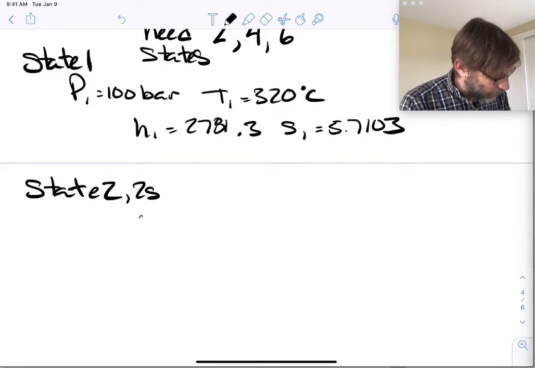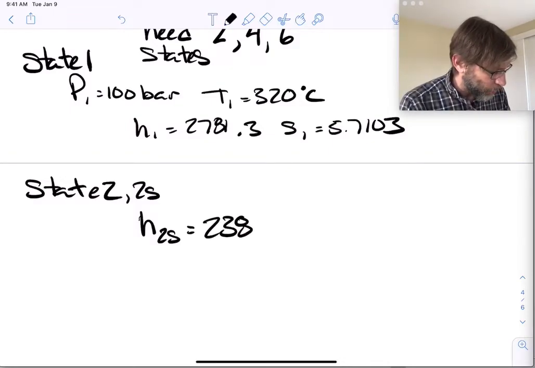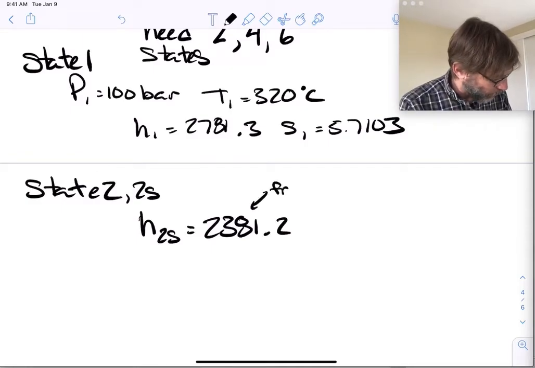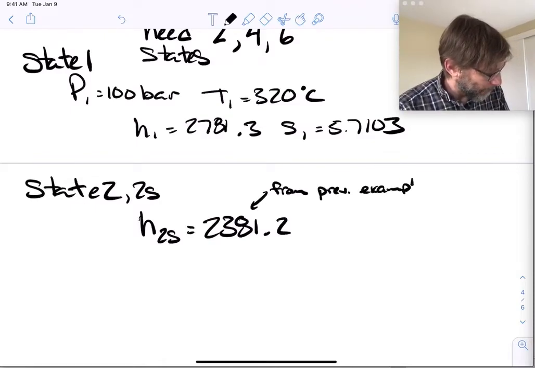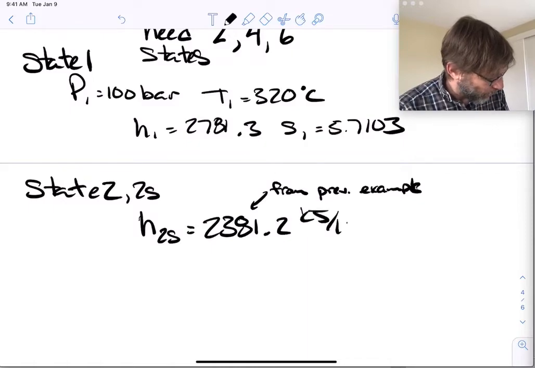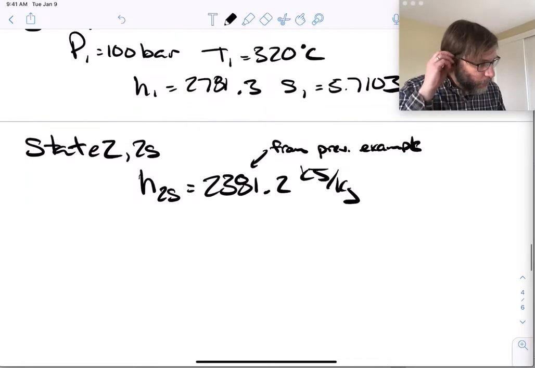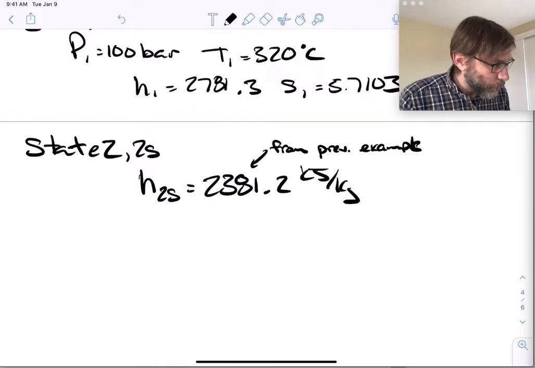We know that H2S is equal to H2 from the previous problem, which is 2381.2 kilojoules per kilogram from the previous example, right?